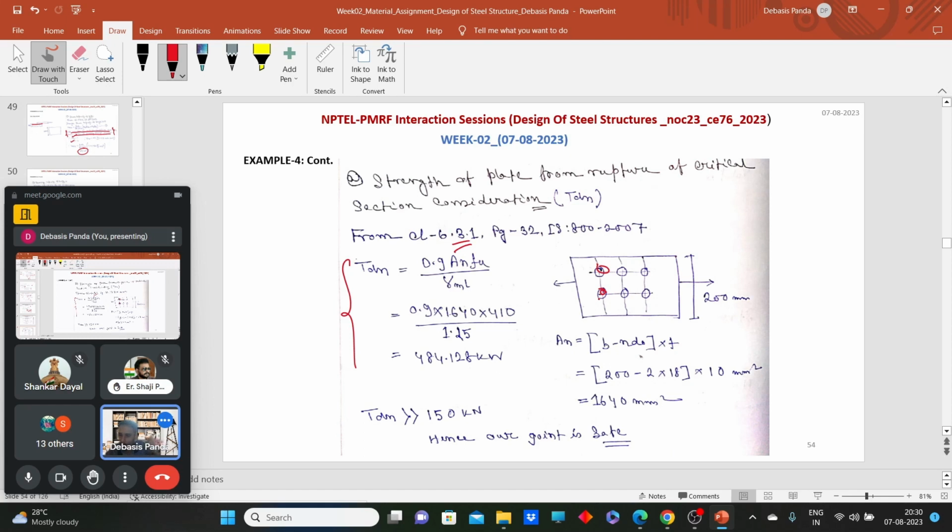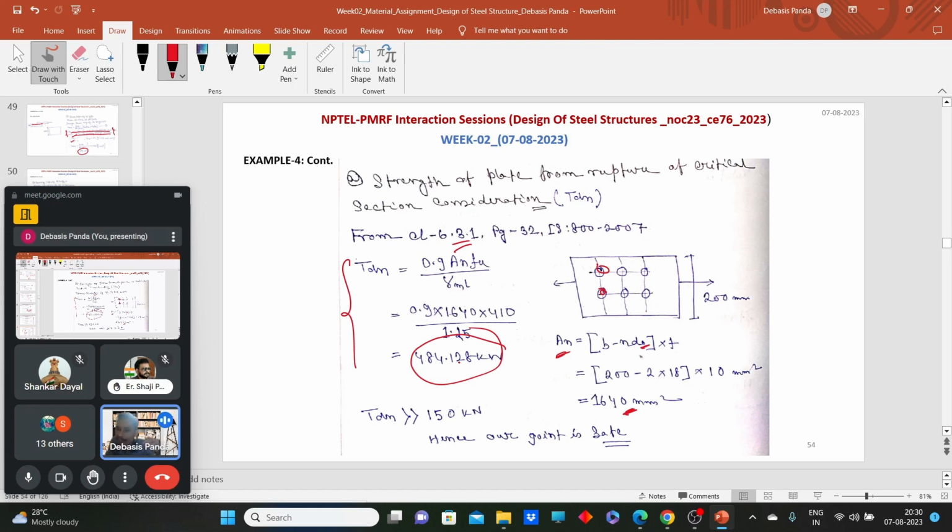That means what will be my AN? B minus 2 into D naught. So this is my value of that TDN. So TDN value, what does it come to? 484 kilonewton. That means that plate will tear out when the load reaches beyond 484 kilonewton.